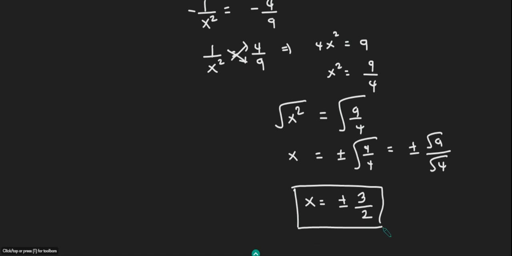So basically we get two values of x. Now let's find the corresponding value of y. So when x equals positive 3 by 2, we should plug it into the f of x. We have f of x equals 13x over 9 plus 1 by x.